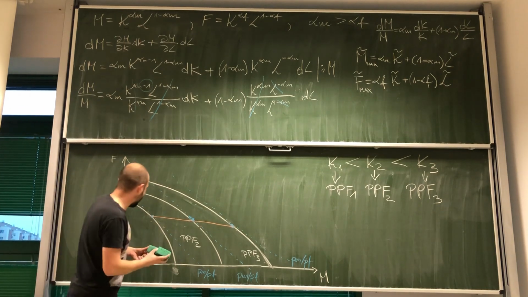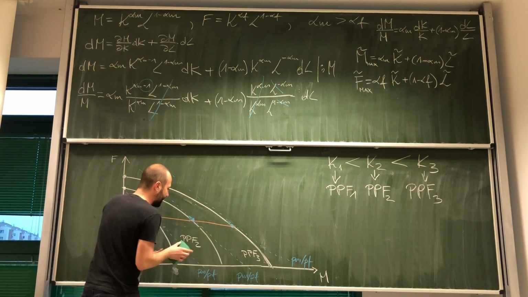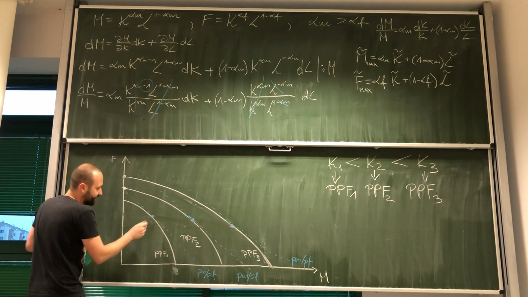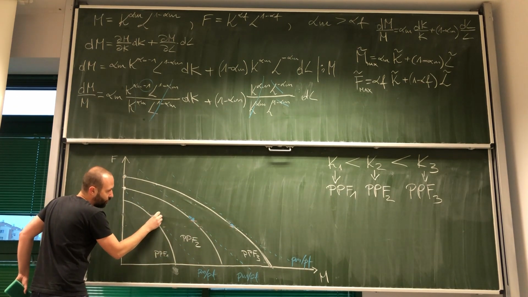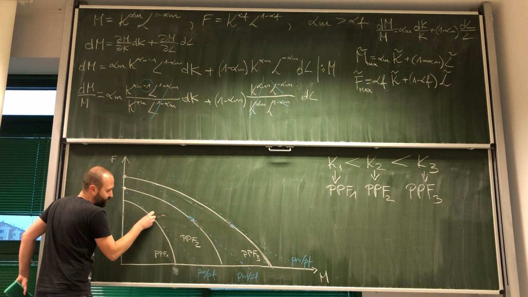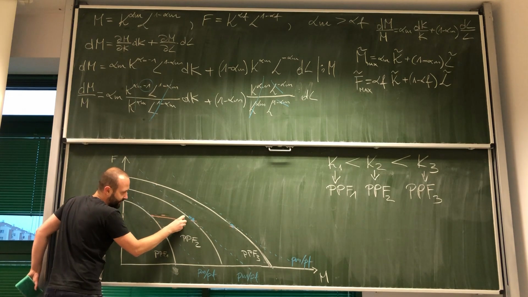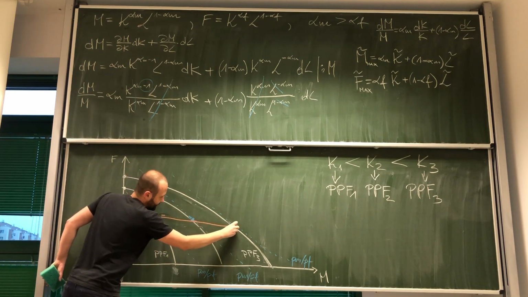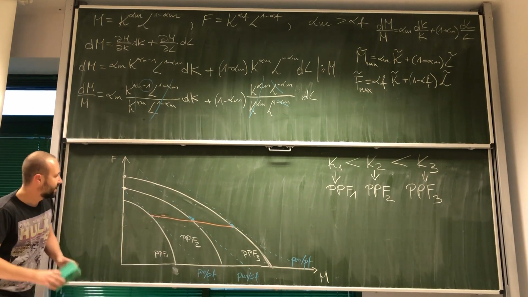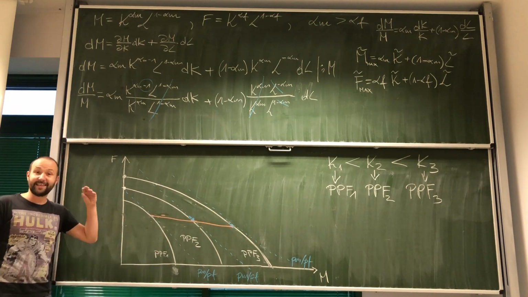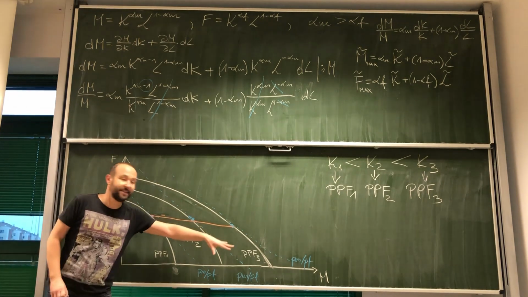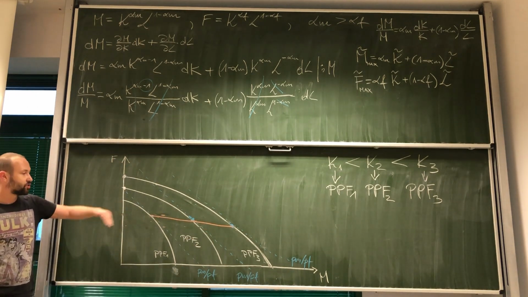Okay, I don't know how well you see it, but this line is downward sloping, right? It is going lower. It's really hard to draw a straight line when I don't have a ruler, but you see, this line is negatively sloped. But it turns out that in neoclassical framework, this line is always a straight line.